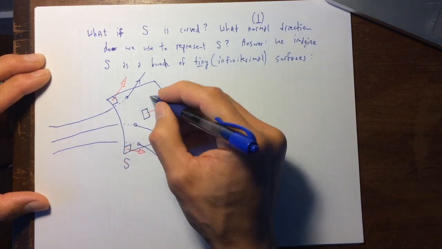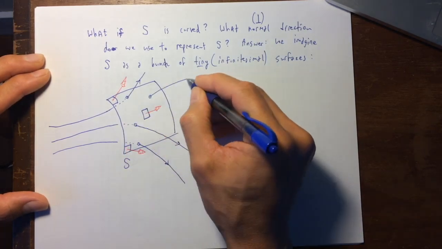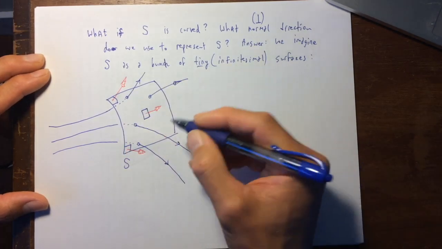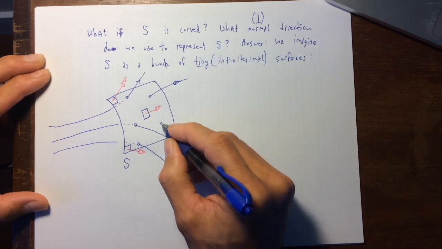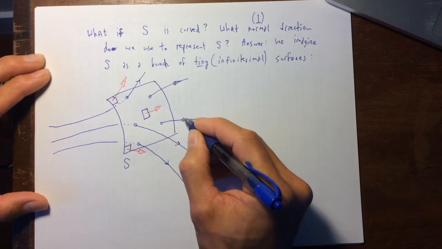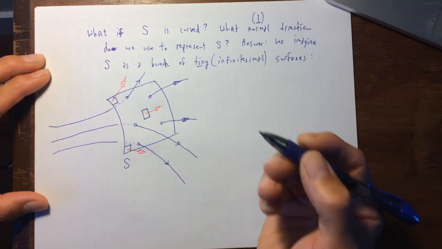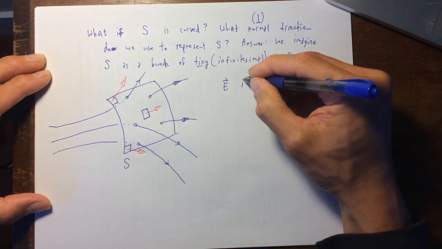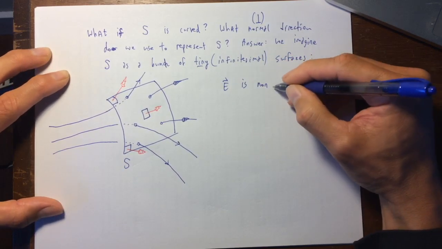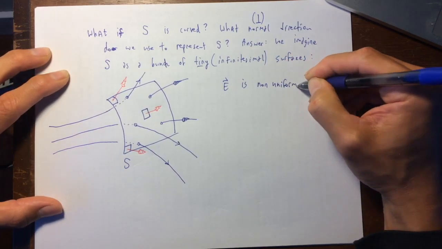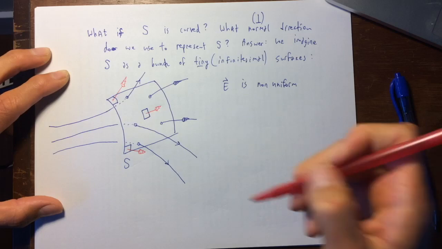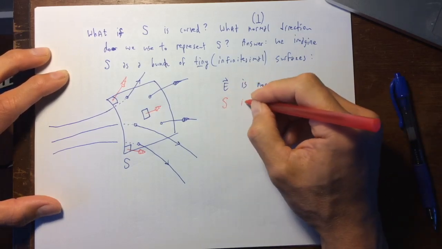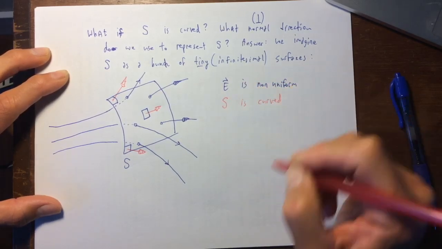And so in this case, you can see that I have a non-uniform E situation, and the surface S is curved.